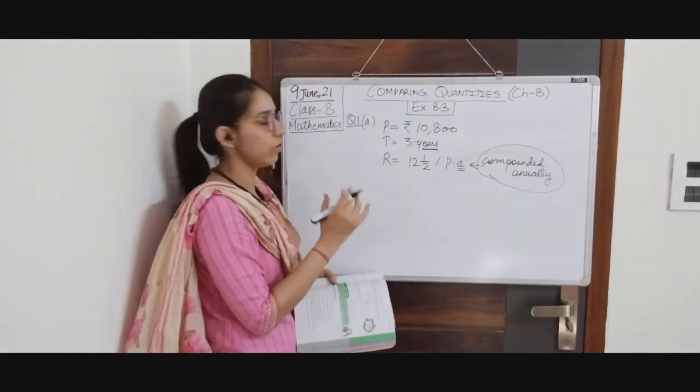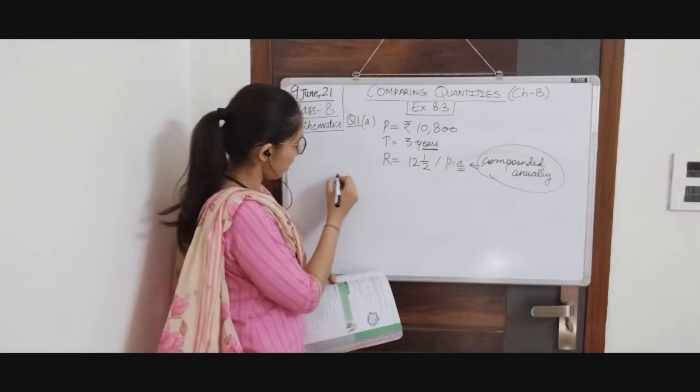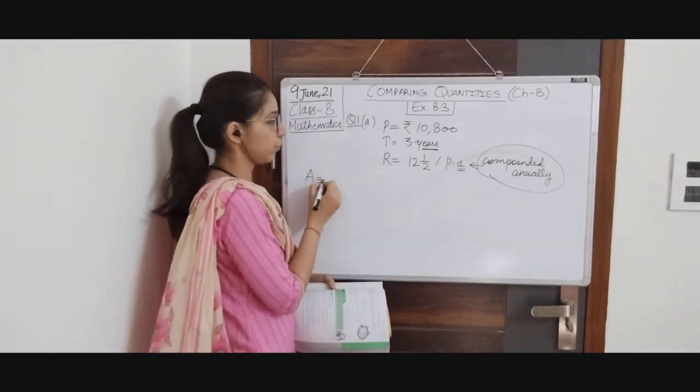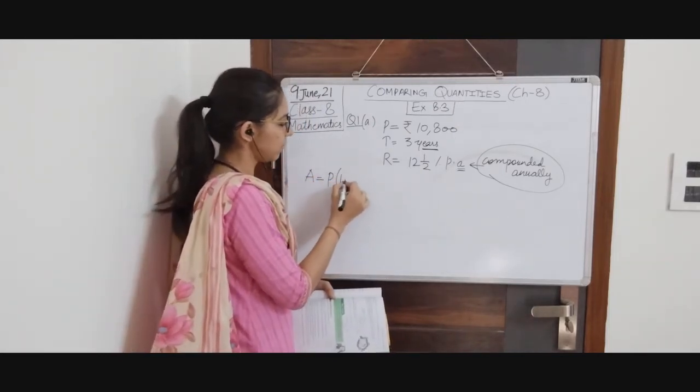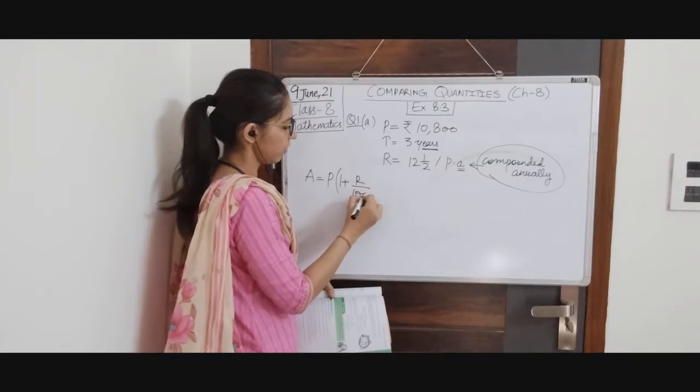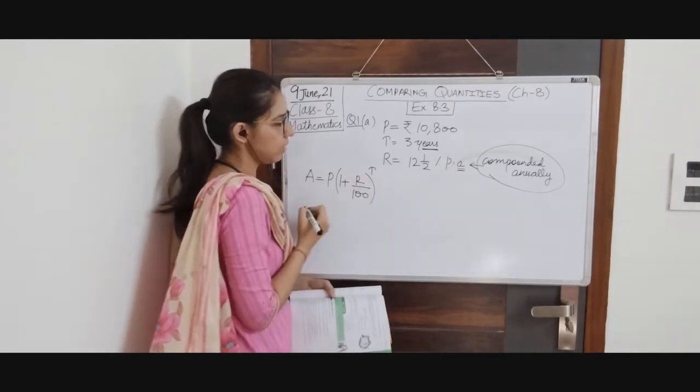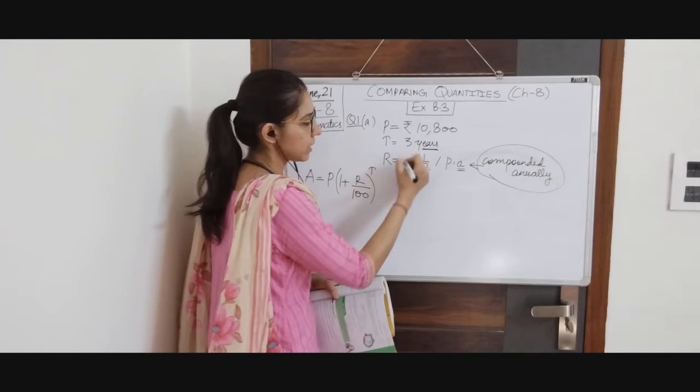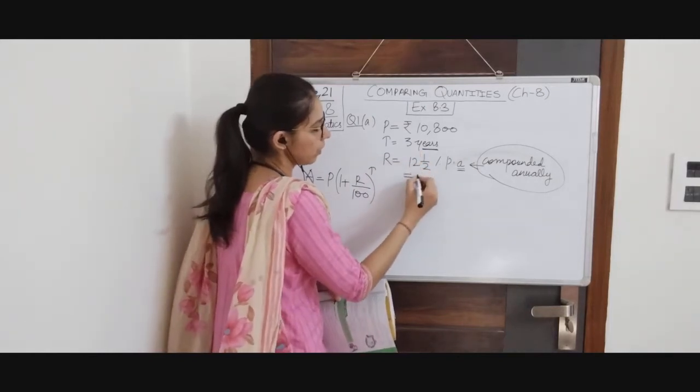We can directly apply our formula: amount is equal to P times (1 plus R by 100) to the power T. We will convert this mixed fraction into an improper fraction.